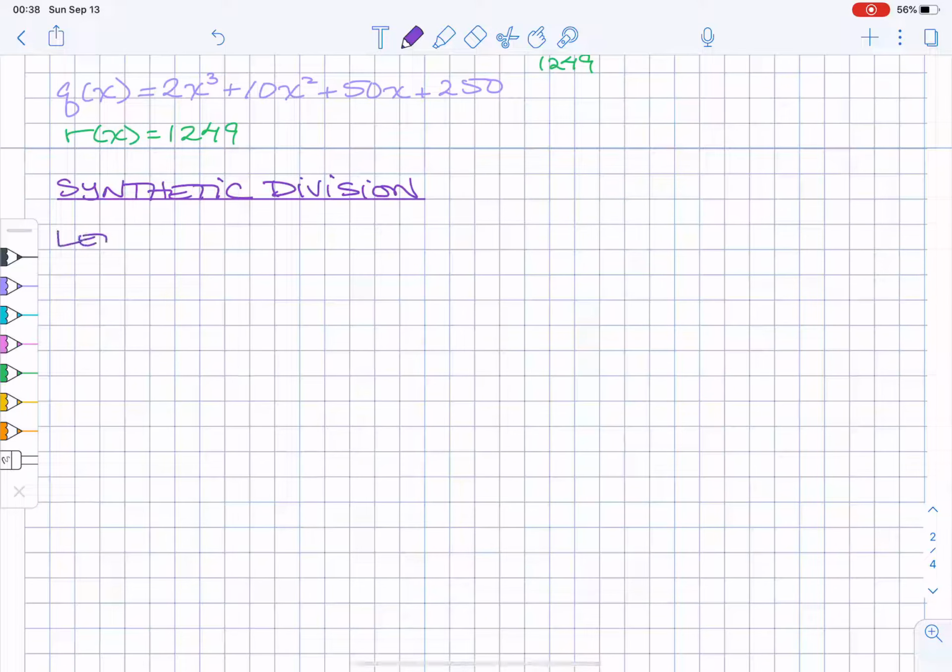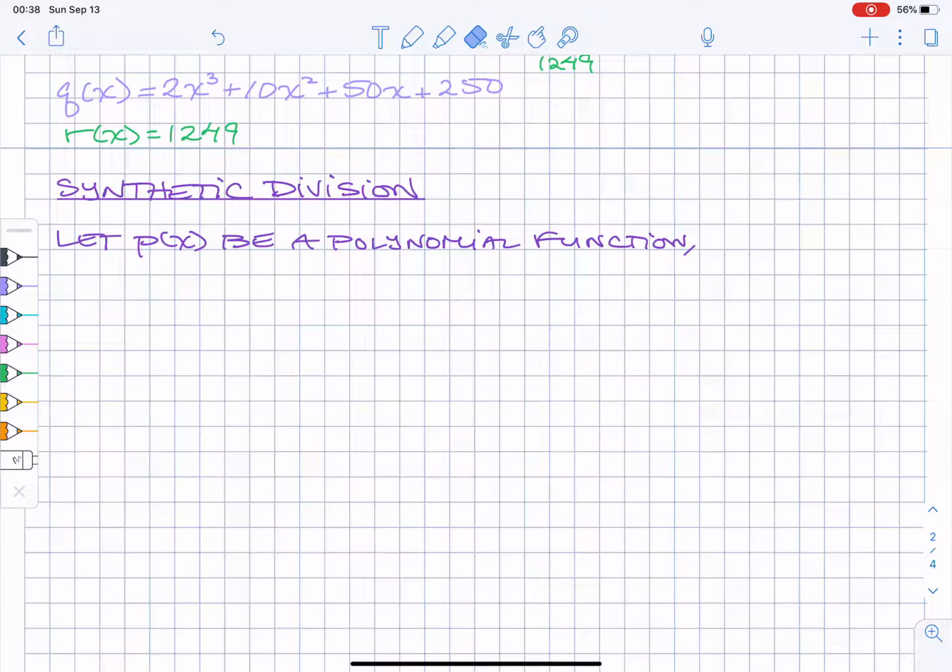So let p of x be a polynomial function, and d of x be a linear divisor.